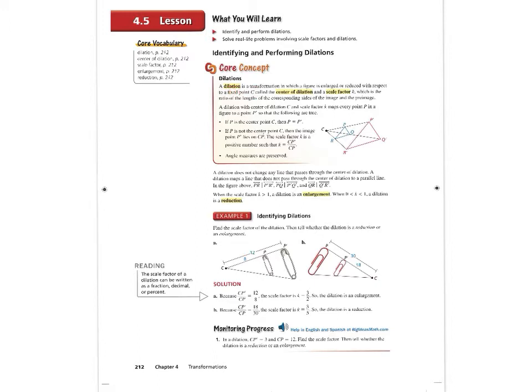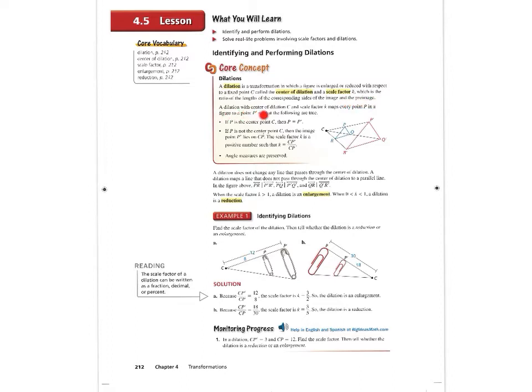A dilation is a transformation in which a figure is enlarged or reduced with respect to a fixed point C called the center of dilation. And we use a scale factor known as k, which is the ratio of the lengths of the corresponding sides of the image and the pre-image.